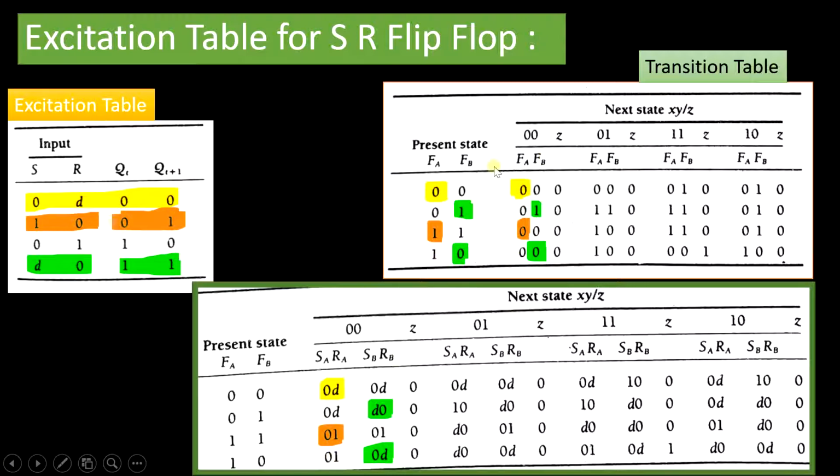Now let me compare the second flip-flop, FB and FB here, or SB/RB in this case. So here it will be 0, 0, 0D; 0, 1 is 1, 0; 1, 1 is D0; 1, 0 is 0, 1; 0, 0 is 0D.